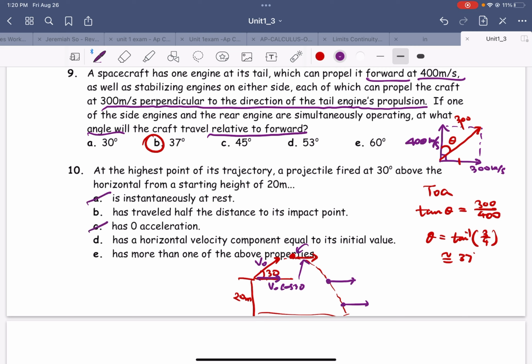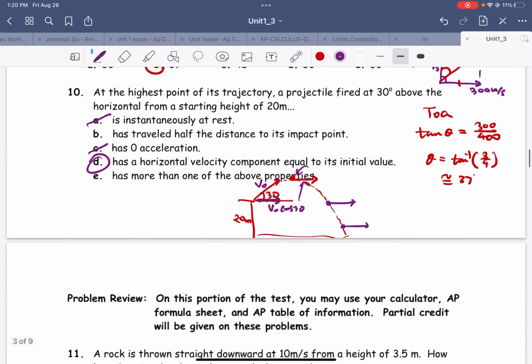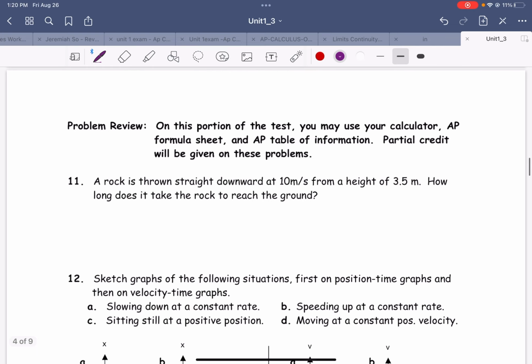Then definitely not. Horizontal velocity component equal to its initial value. That is true. The horizontal velocity components are equal everywhere, so we don't need to talk about the other things. That one is, like I said, always the same. Now, this one, you may use a calculator.